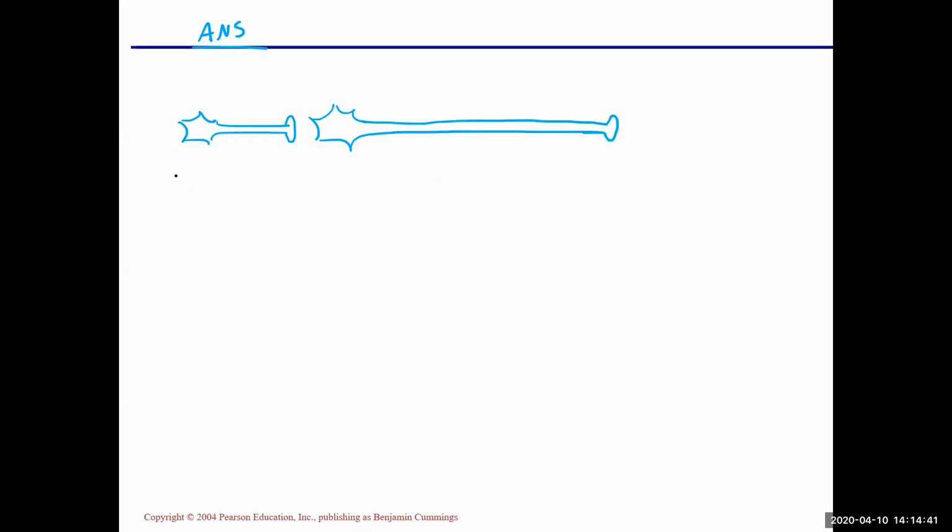So the first one we call preganglionic, and the second one we call postganglionic.